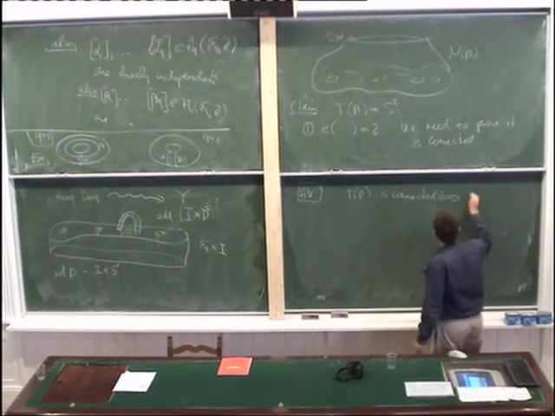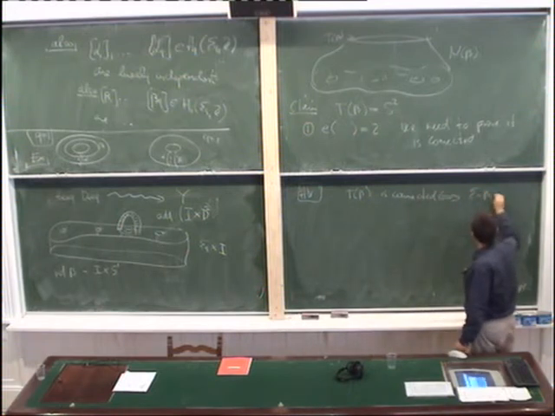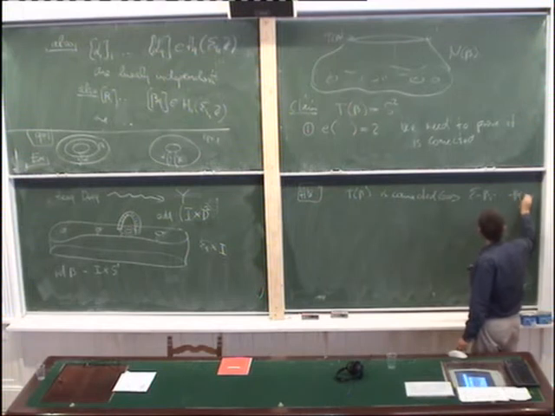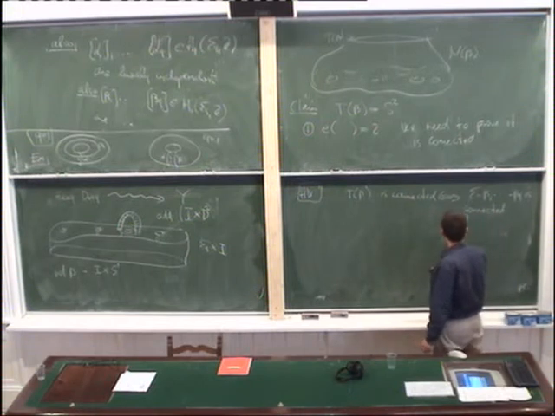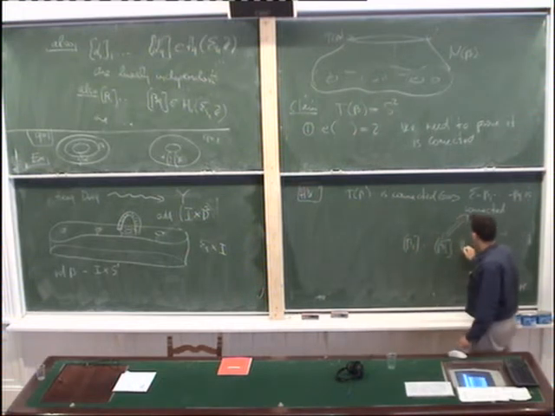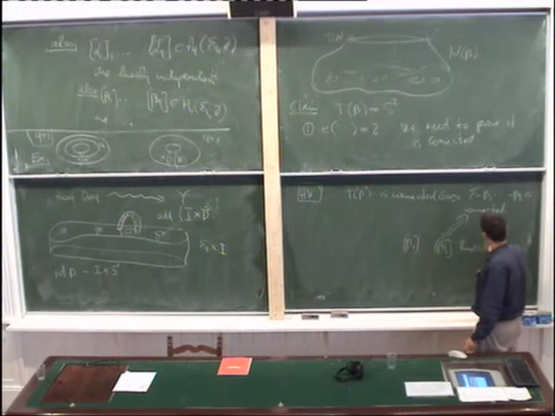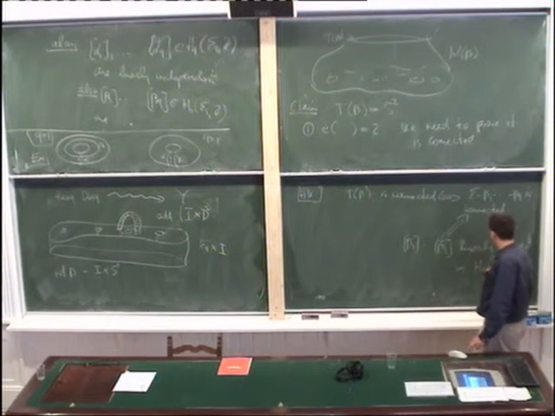if and only if sigma minus beta 1 through beta g is connected, which is true if and only if beta 1 through beta g is linearly independent in H1 of sigma g.